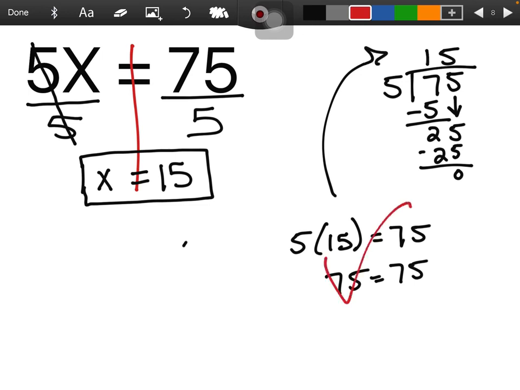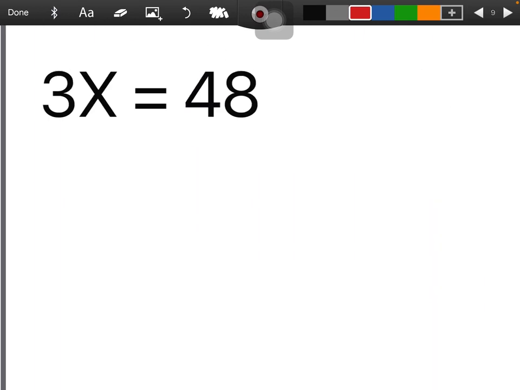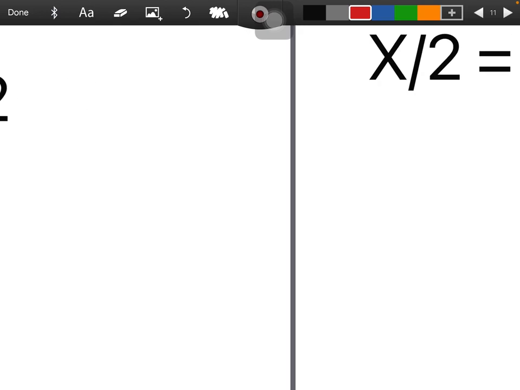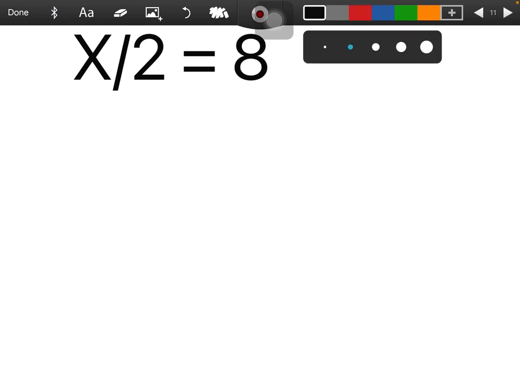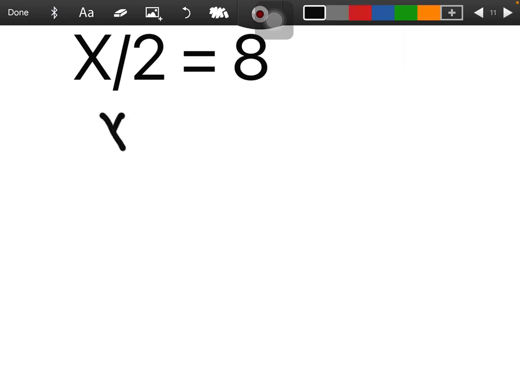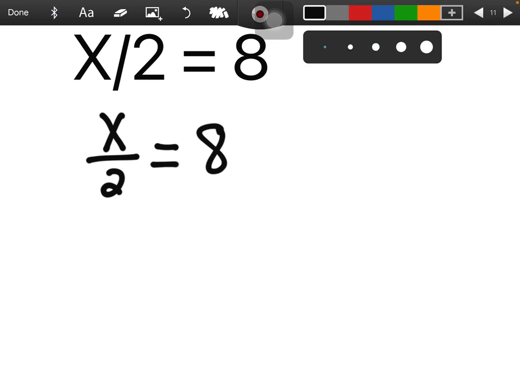Okay? So division, multiplication, you do the opposite, which is division, which must mean if I'm going to divide, I'm going to do the opposite, which is multiply. Well, because of the way this program works, I can't really show it as a fraction, but the majority of the time you will see it as a fraction. So it'll look like this, x over 2 equals 8. Okay, well, and I know the opposite of division is multiplication.